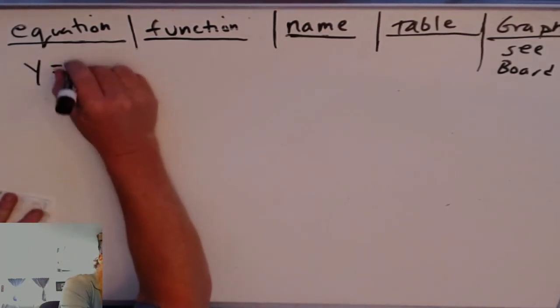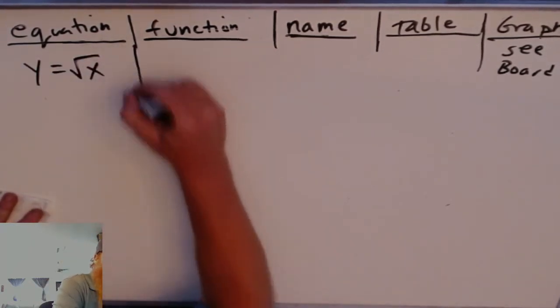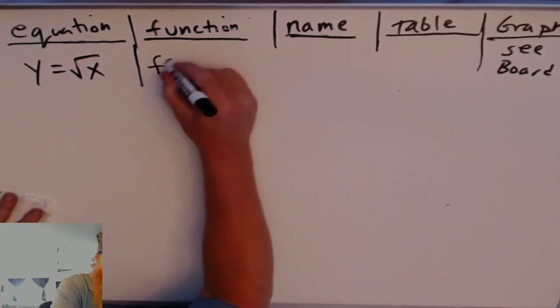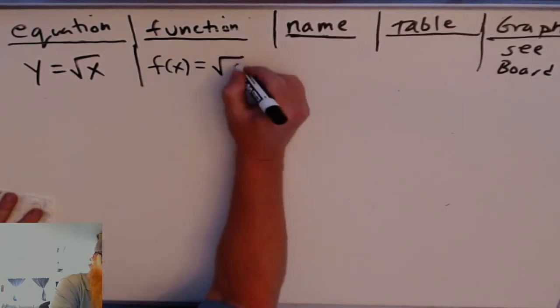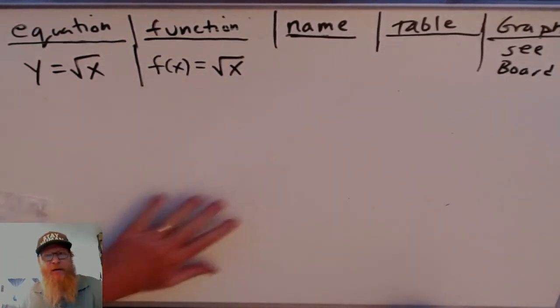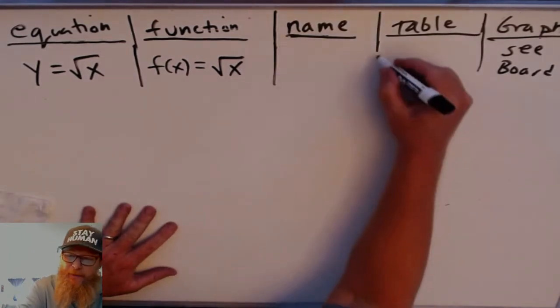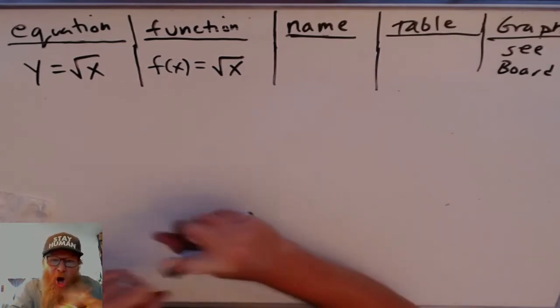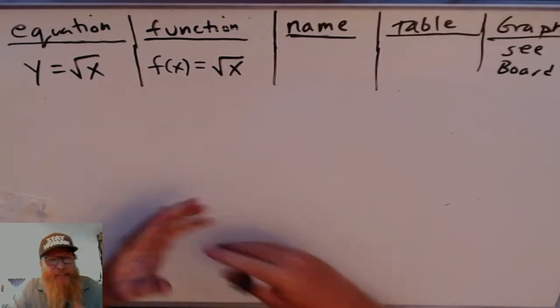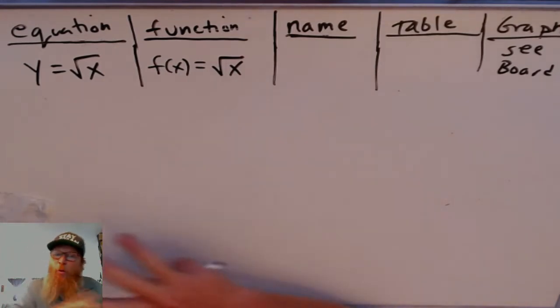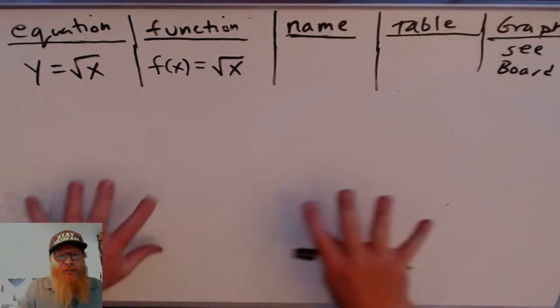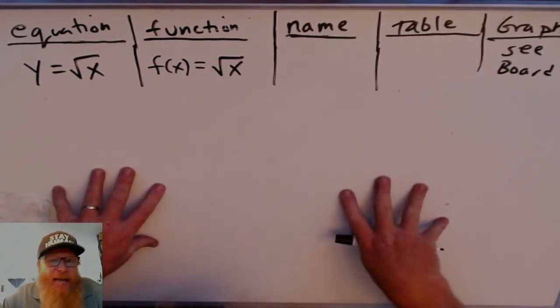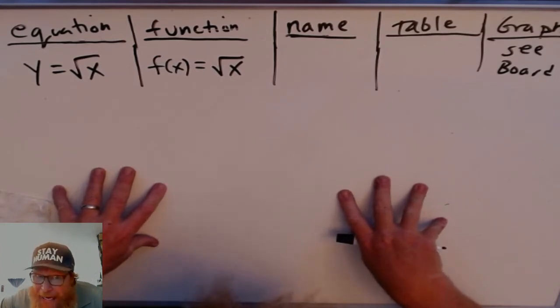The square root, y is equal to the square root of x, or f of x is equal to the square root of x. Tomato, tomato. Now, in all of my career, when it comes to the language of mathematics, one of the most commonly mistaken word pairs is square and square root. And so in the catalog, a square is called a quadratic.